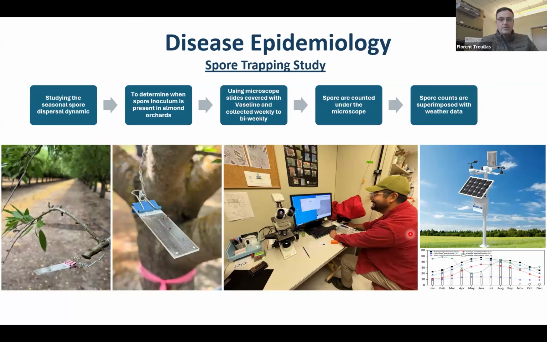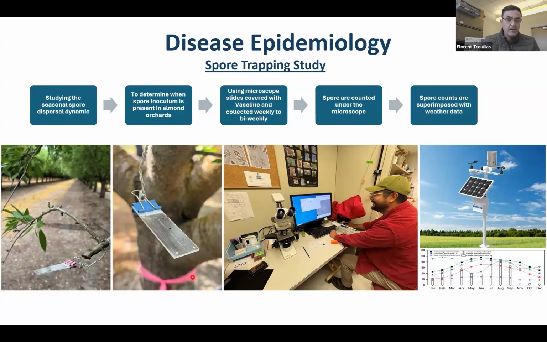Some of the research we addressed was thinking forward into disease management strategy. What we wanted to understand was the seasonal sporulation and dispersal dynamic for red leaf blotch and Polystigma. When are the spores of Polystigma that serve as inoculum most present within an orchard, okay? So for this, we use a very simple technique.